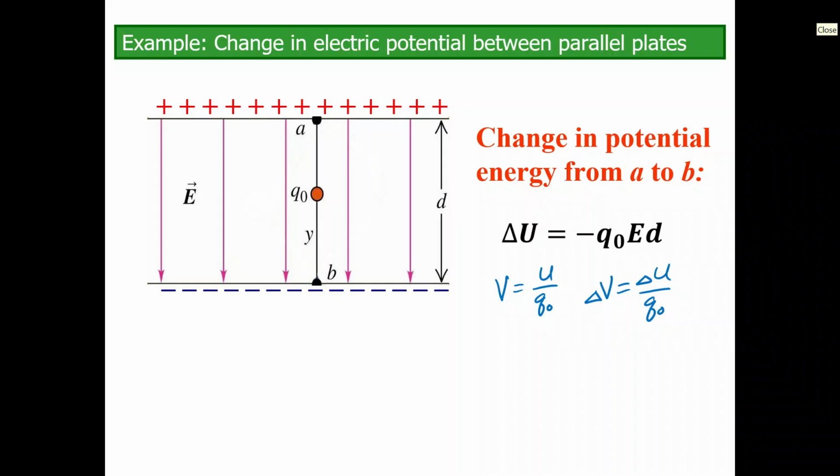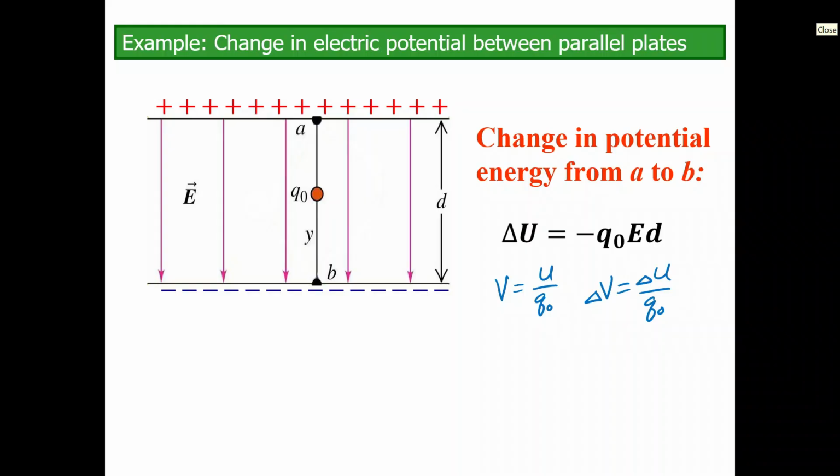Because a lot of times we're dealing with potential and potential energy, we don't know the actual values. We just care about the difference. How did it change? Because what's the change in potential energy? Because that can give you the change in kinetic energy.